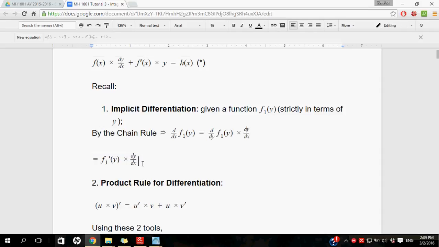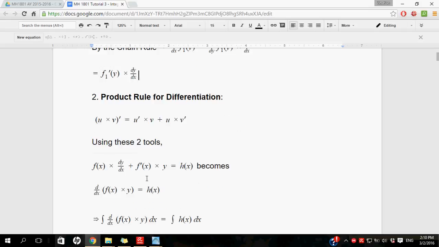Now for the product rule, if you have two functions, u times v, and you want to compute the derivative of the product, then this is given by u prime times v plus u times v prime.